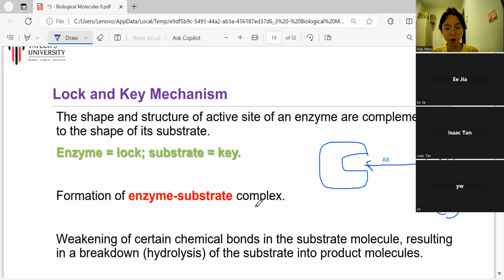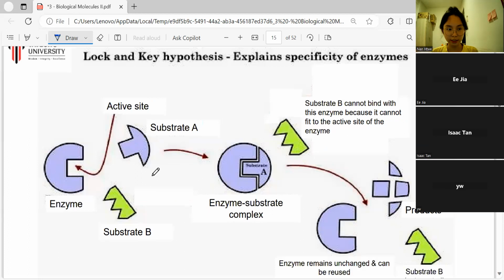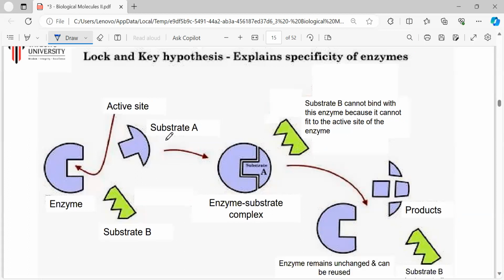So the question now is, how will it come? Here, you can see the diagrams, right? In the question, what might come is it will not show you the label, but it will say like A and B. And maybe the question will ask you, can B bind to the active site? Can B bind to it? Can it bind to the enzyme?